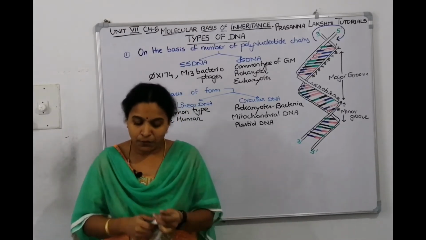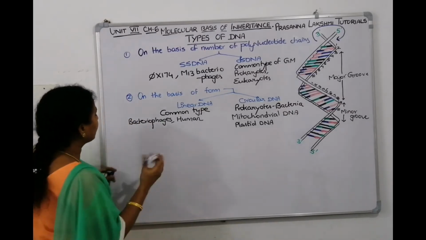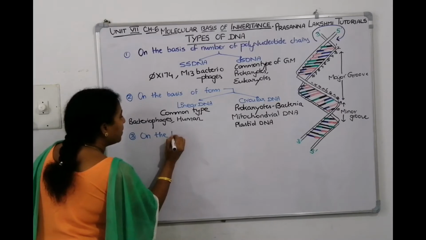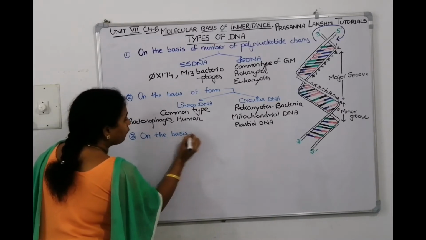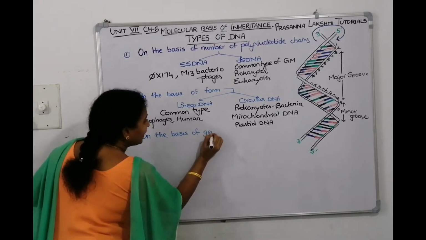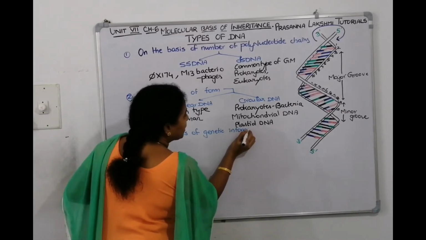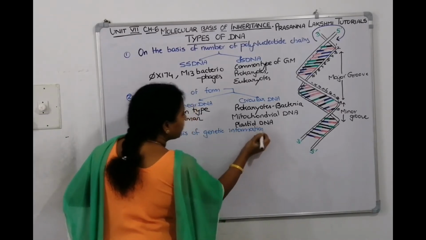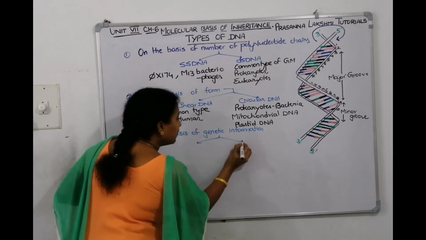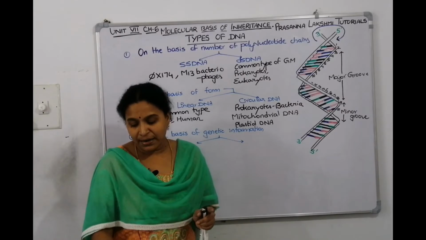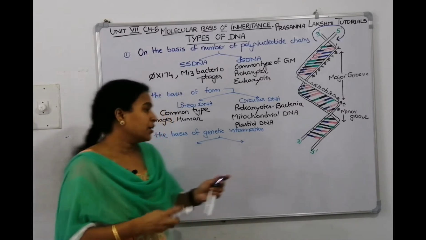So on the basis of genetic information, we can divide it into nuclear DNA and non-nuclear DNA, or we can call it extranuclear DNA.